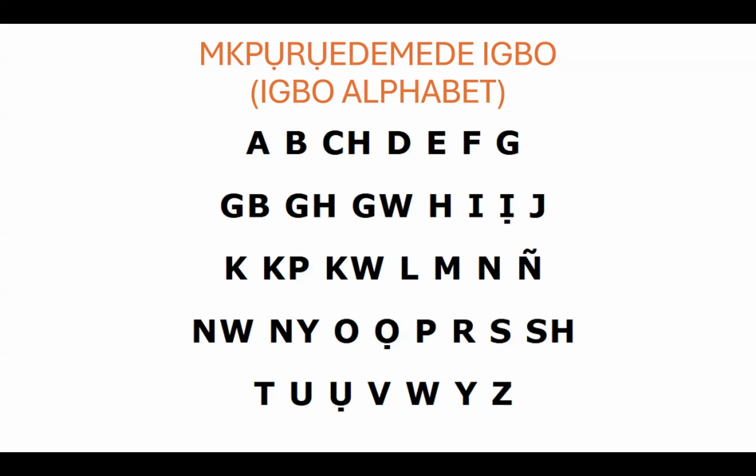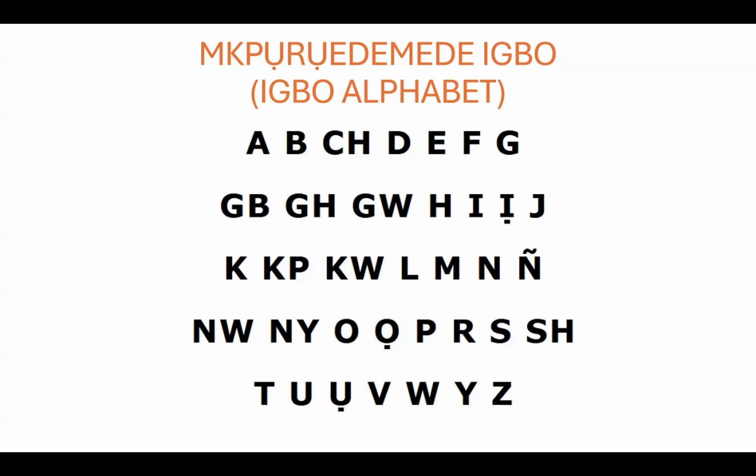So is it different, O and Ọ? Okay, like Okoro, say Okoro. Yes, that's the Okoro, the first one without the dot. Now the one with the dot is Ọpara. Exactly. Then you have P, R, S, Sh, T, U, Ụ.